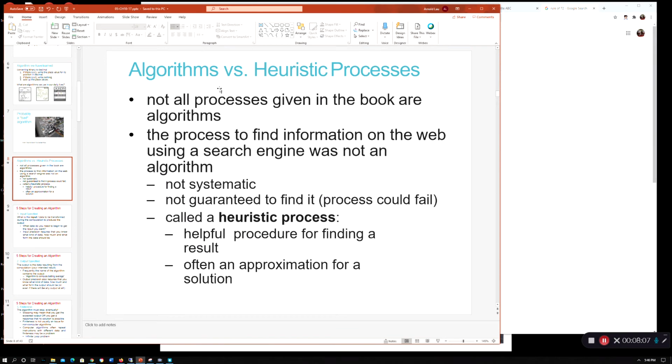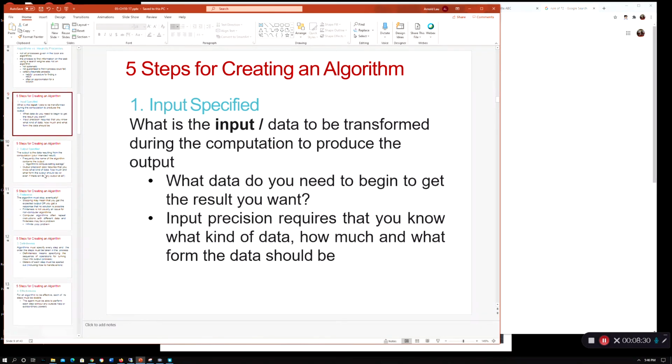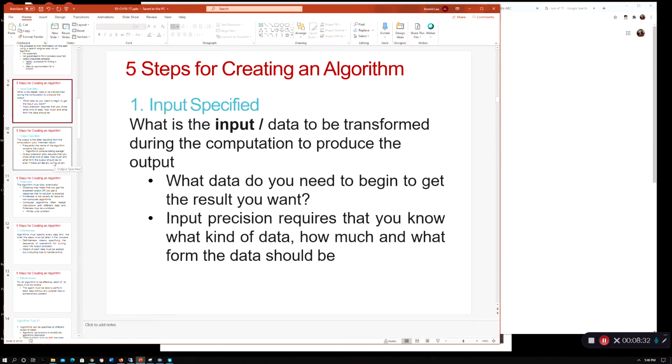So hopefully that gives you an example of the difference between an algorithm and a heuristic process. I wouldn't sweat this one too much. It's not that big of a deal. I think the more important part is really to understand algorithms and just know that heuristics are a rule of thumb.